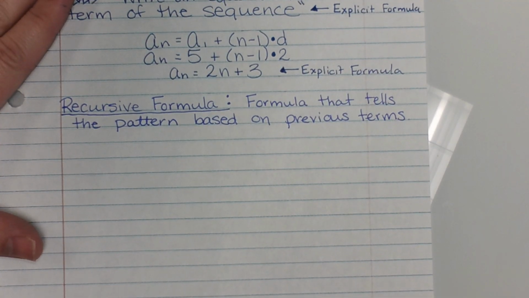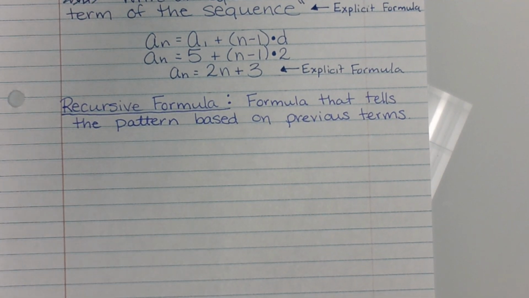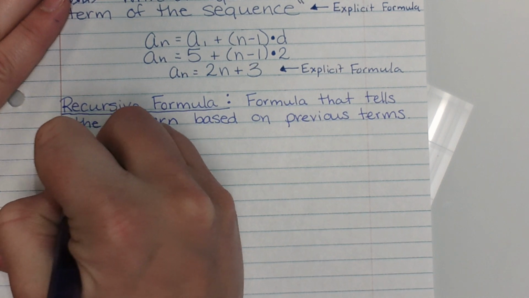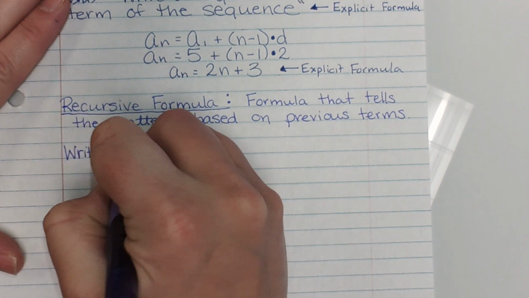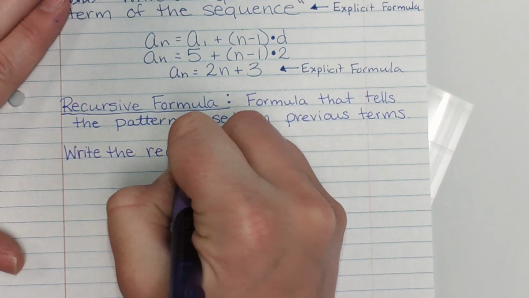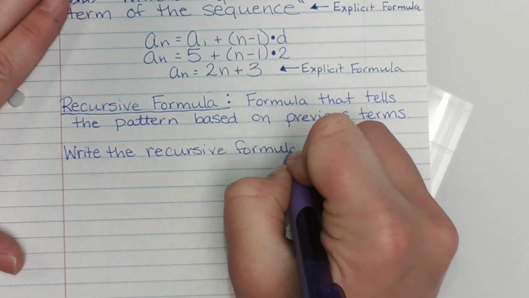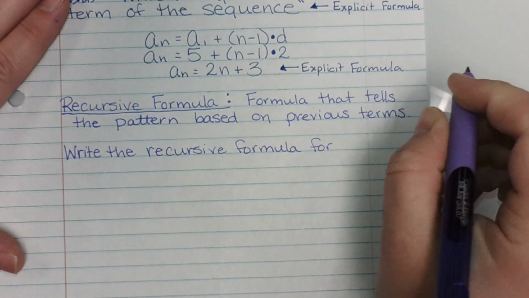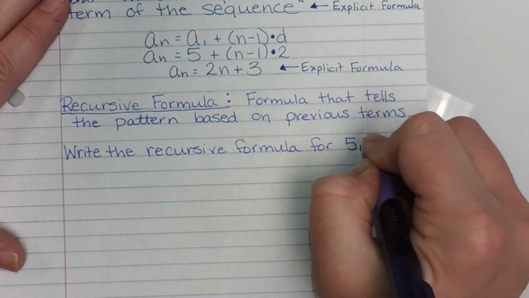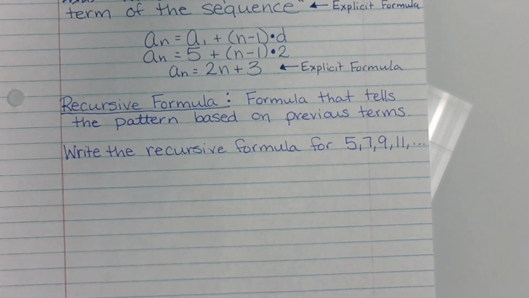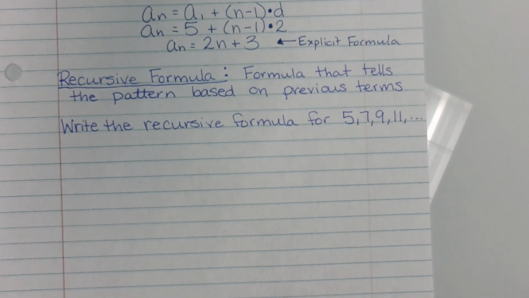Now let's say I was given that same equation, and I instead asked you to write the recursive formula for 5, 7, 9, 11, etc. It would look like this.